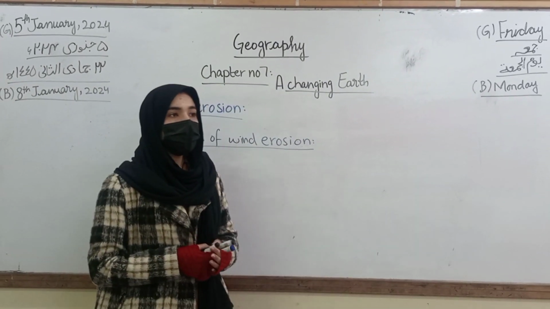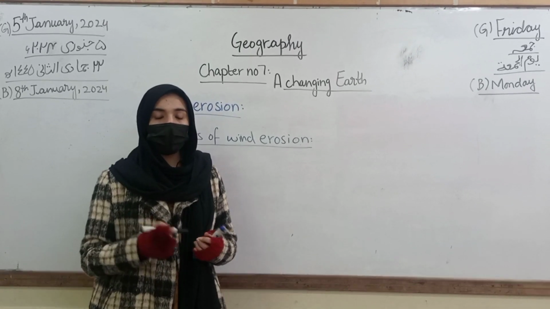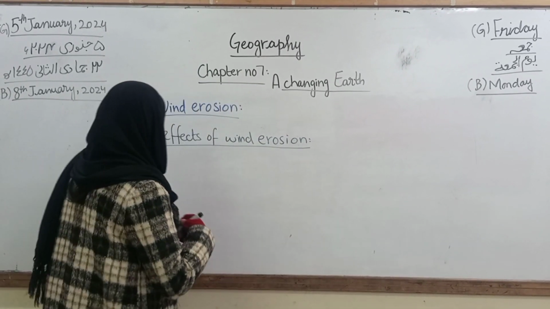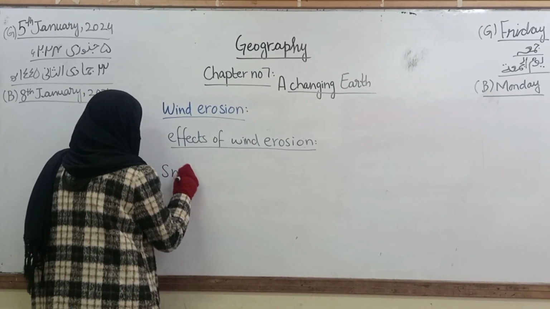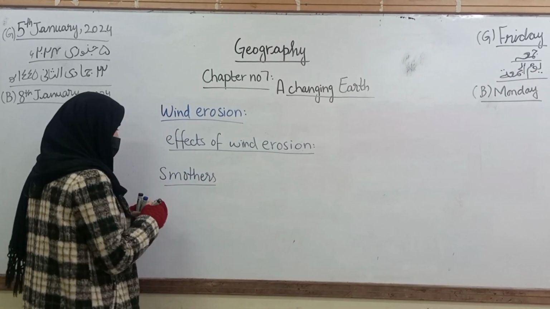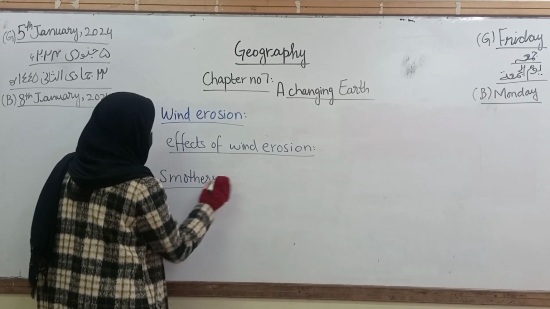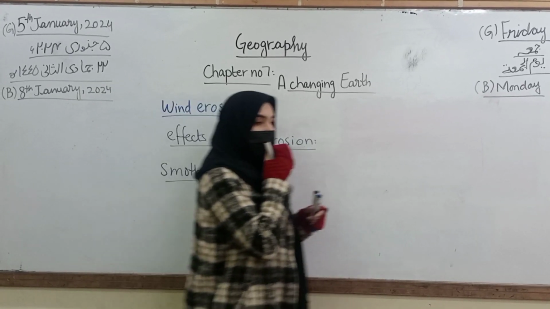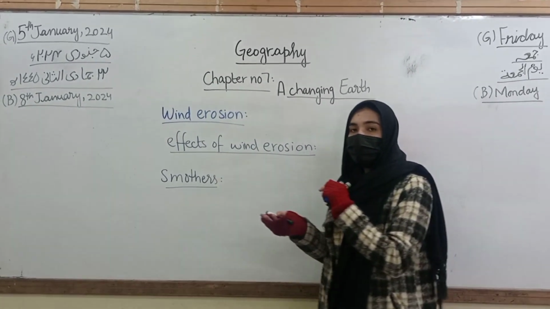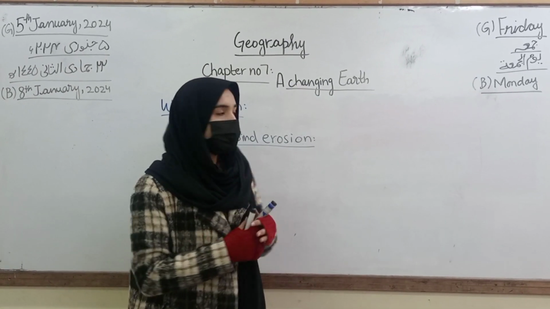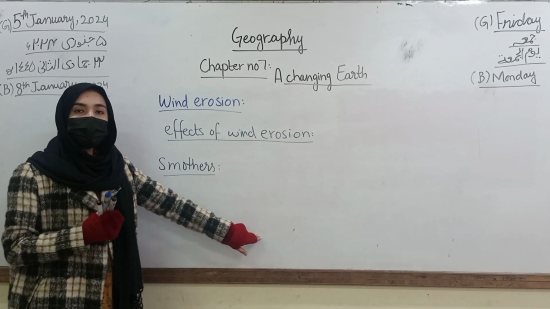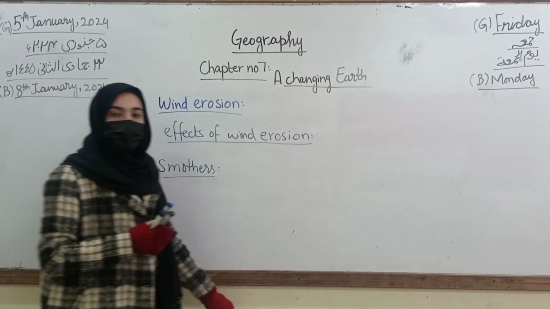What is the meaning of smothers? Can anyone of you tell me? Smothers. Yes, good. The meaning of smother is to damage anything by depriving it of air. So, when the rock particles are deposited in a place, they stop the air from going into it, and cause the fields to be damaged or die.